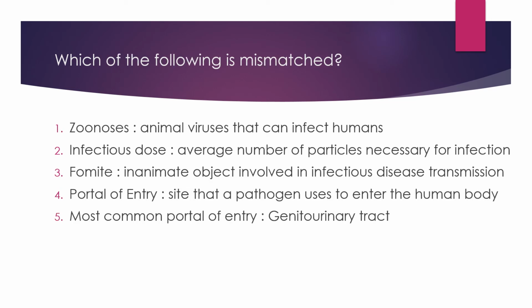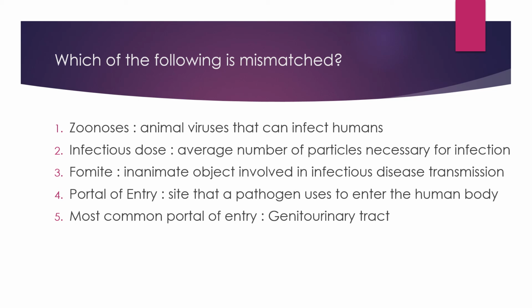Last one. Which of the following is mismatched? Is it zoonoses, which might mean animal viruses that can infect humans? Or is it infectious dose, which might mean the average number of particles necessary for infection? Or is it fomite, which could mean an inanimate object involved in infectious disease transmission? Or is it portal of entry, which might mean the site that pathogens use to enter the human body?